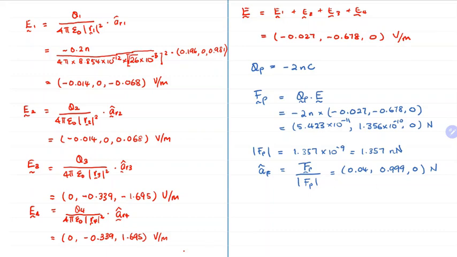So the direction, as you can see, is almost 0 in the x, almost 1 in the y. So mainly the force is almost purely in the y direction. Okay, so that's the solution for question 4.